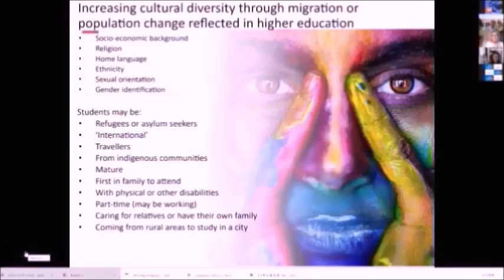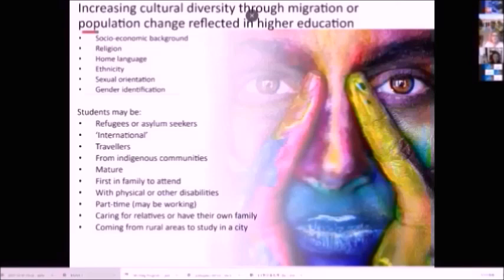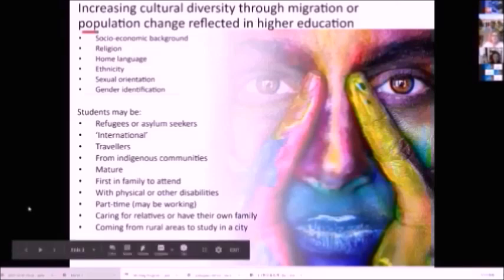Now, if we look at the kind of diversity that we now have in the context of European universities, we're in a situation where we've got a lot of diversity, partly through migration, population change, and we need to think about the cultural diversity in our classrooms in a very broad sense.